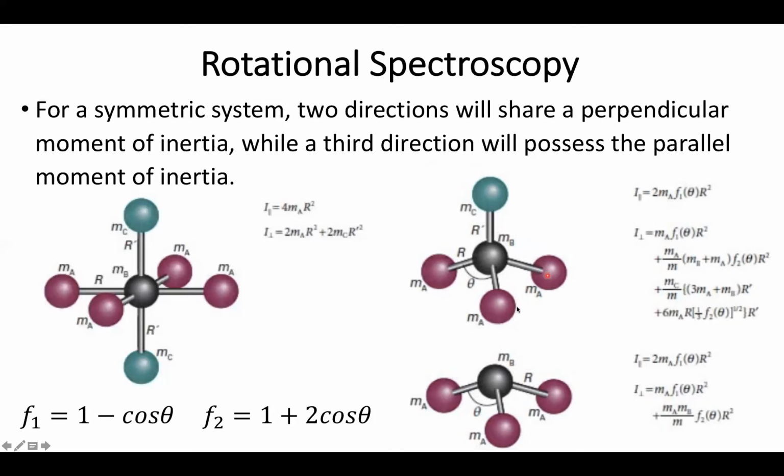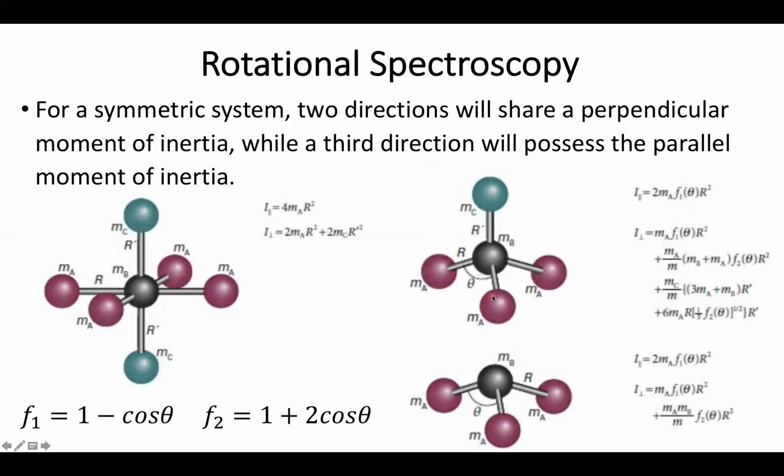So our parallel axis is actually going to be fairly straightforward. It's going to be defined by the masses of the individual atoms. However, it turns out that we have to build in an extra functional term based on angle, because the angle between my bonds will actually determine the distance of atom A from this main axis of rotation.